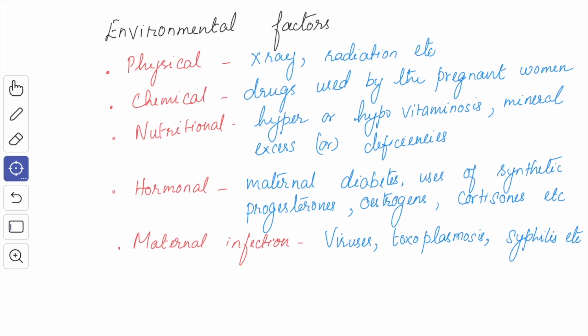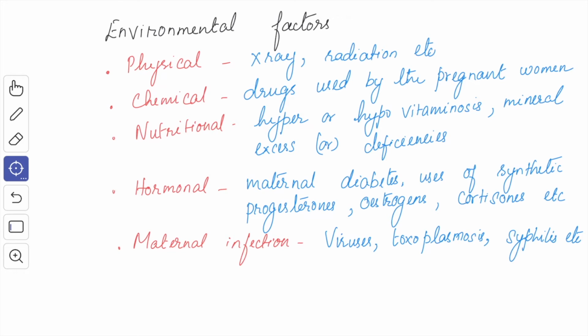So when you see the physical factors, radiation from the X-ray or radium produces skull defects, spina bifida, blindness, cleft palate and defects of the extremities. The nature of the malformation depends on the dose of the radiation and the stage of development at which the radiation is given.